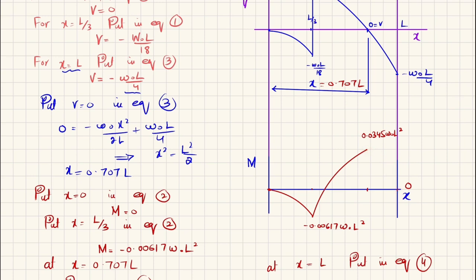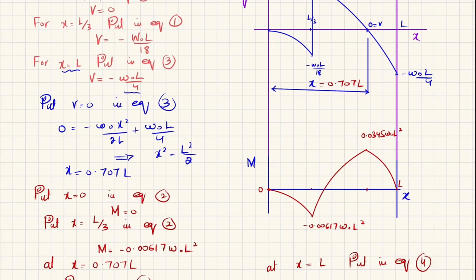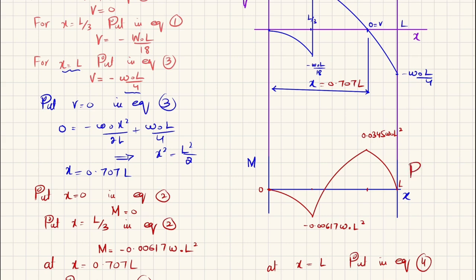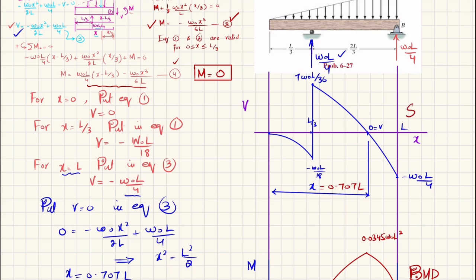So we'll join this like a curve and it will give you this. Here shear force will be 0 and here length will be equal to L. Clear? And that is your bending moment diagram, BMD, and this is your shear force diagram.